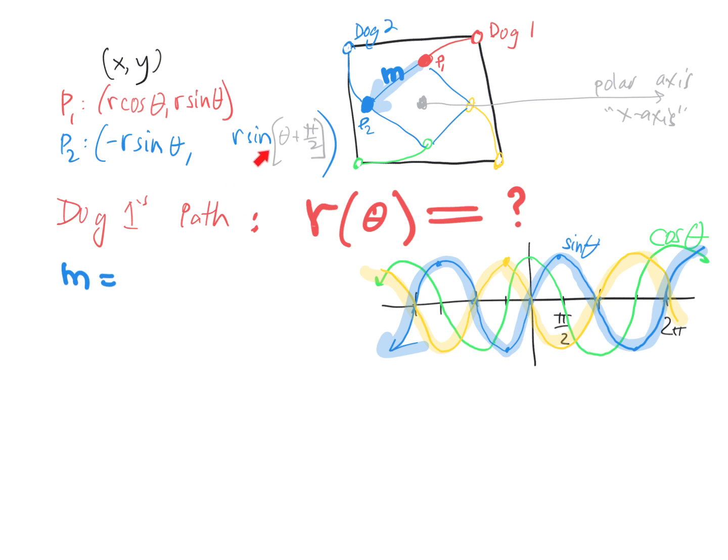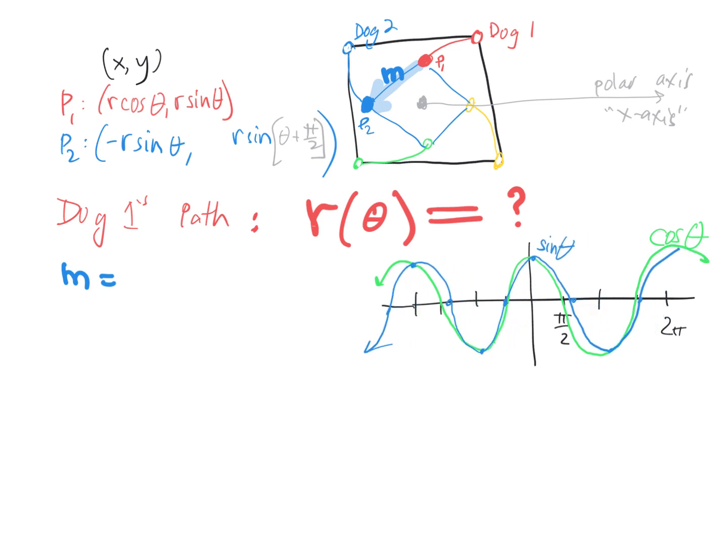Now we're going to do something similar with the blue sine curve. We translate it pi over 2 to the left. What happens to it? It is the same thing as cosine.